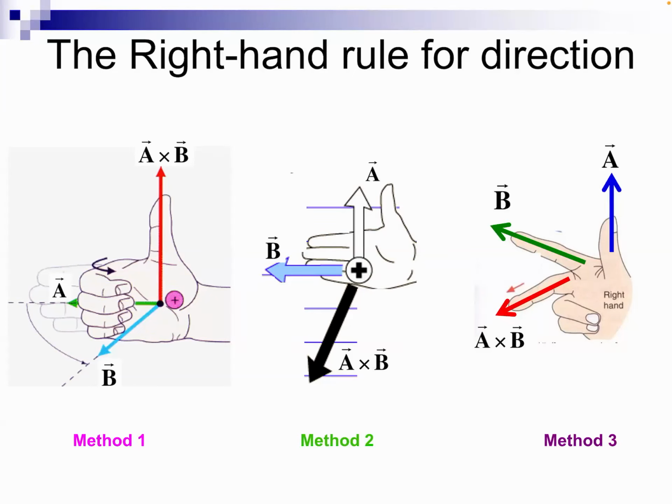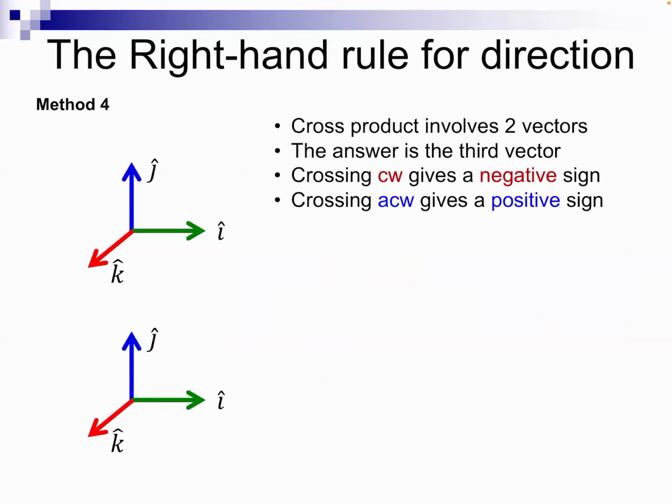right-hand methods. I have a fourth method, which is usually what I use, especially if you don't want to rotate your fingers. You can use this method where you draw the coordinate axes.